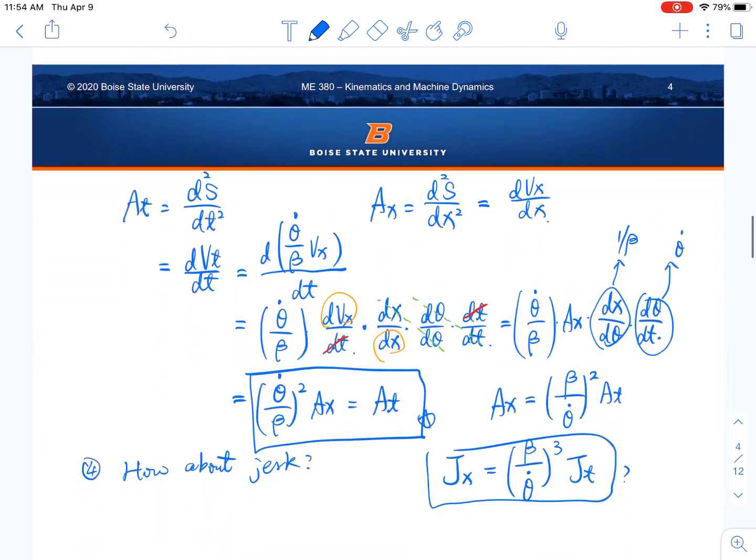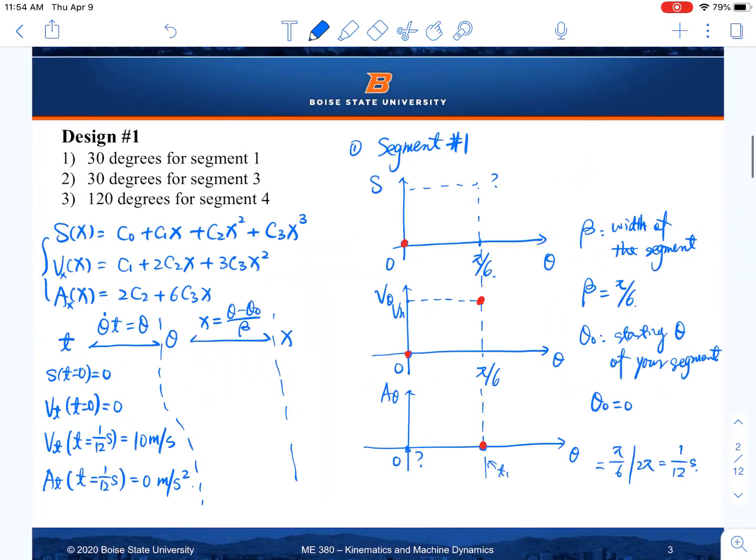So let's go back to here. We already know theta dot is 2 pi radian per second. We know the beta. And then your st equal to 0 corresponds to sx equal to 0, right? And then again, as we said before, you can directly copy and paste the displacement.